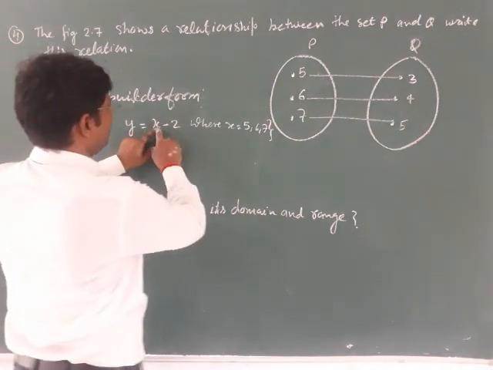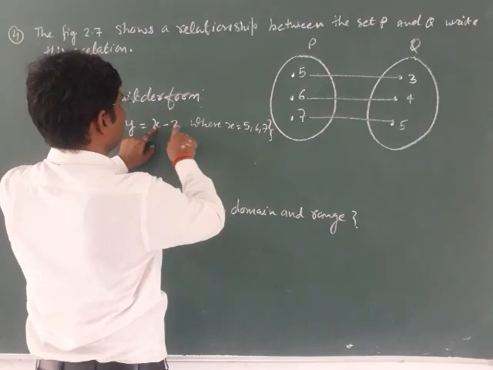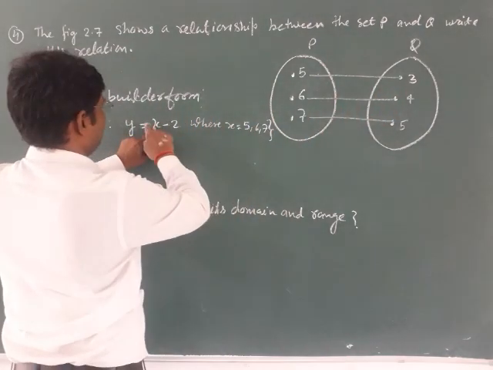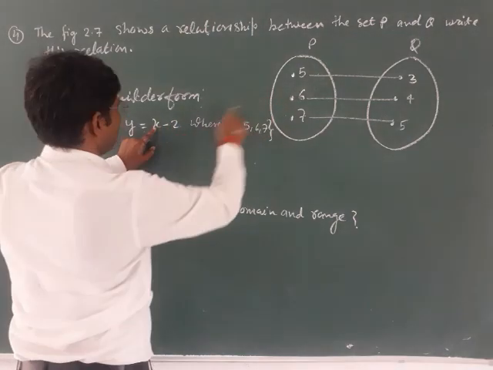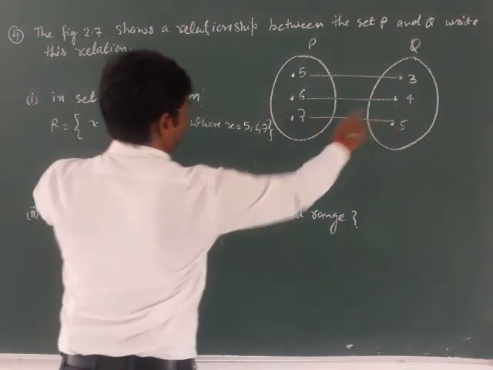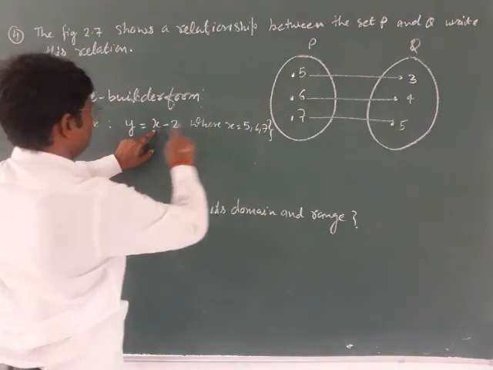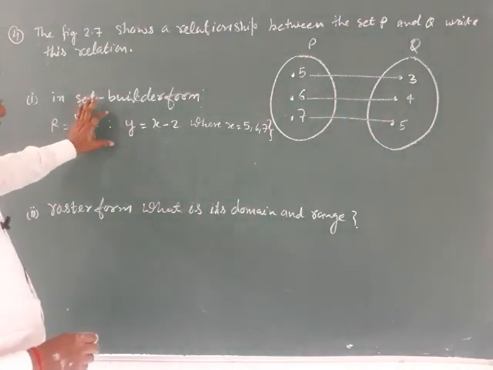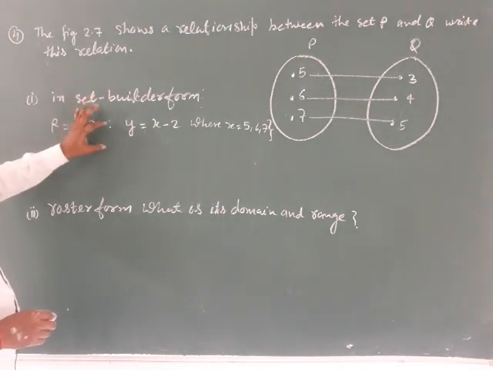For x = 5, 5 minus 2 is 3, for x = 6, 6 minus 2 is 4, and 7 minus 2 is 5. So this is the set-builder form.